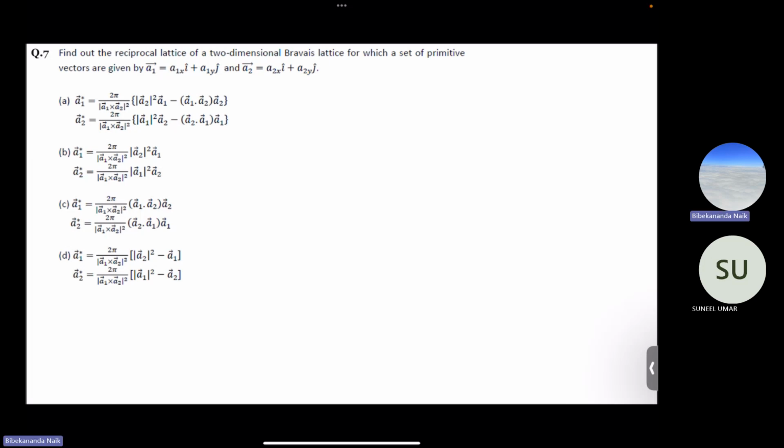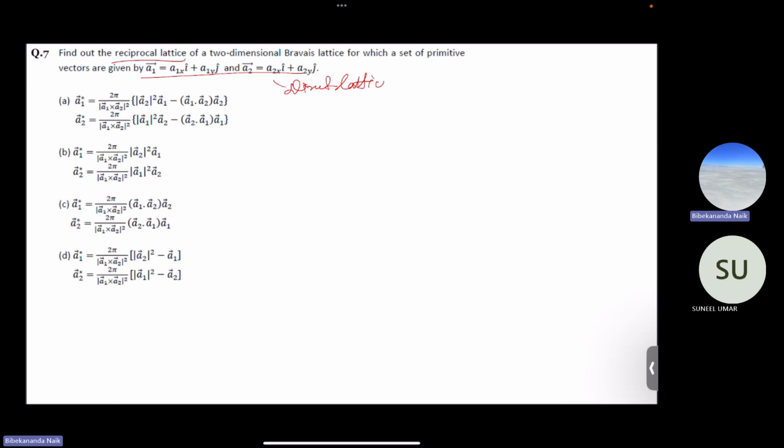We need to find the lattice parameters in reciprocal space. There are some formulas which we will apply to calculate the values of a1 star and a2 star.